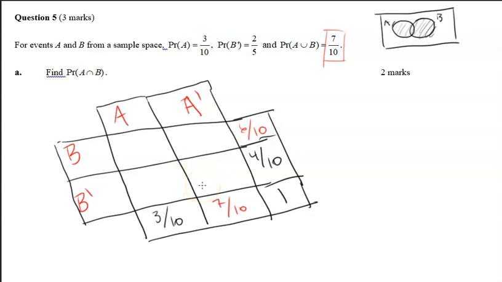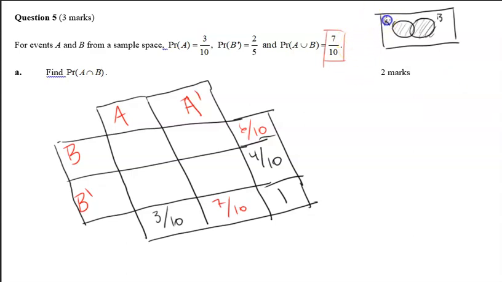Now, to do this, we know that probability of A union B, which is everything all together, is 7 over 10. So if you're in A or in B or in the middle, there's a 70% chance, probability of me obtaining someone within there.